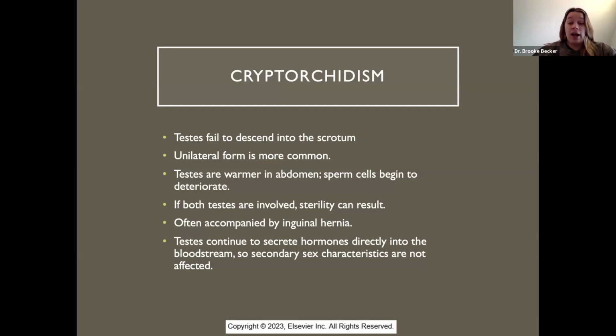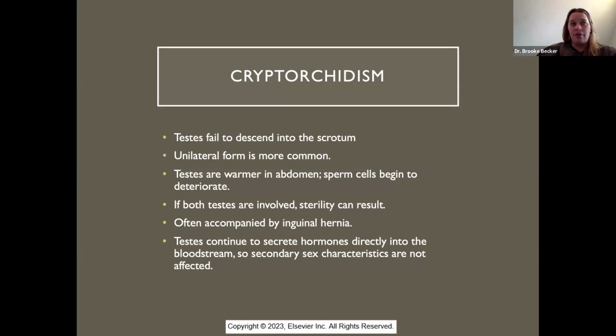They're going to have a harder time with fertility down the road if that's not resolved. If both testes are involved, so both the testes do not descend into the scrotal sac like they need to, then these kids can become sterile. Okay.